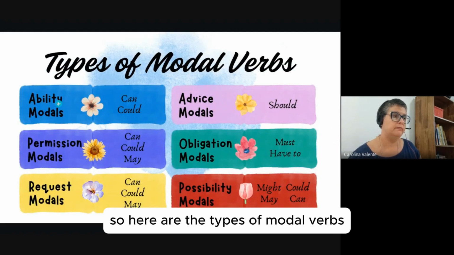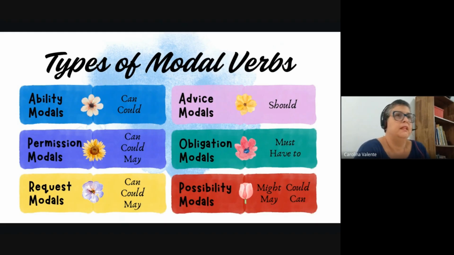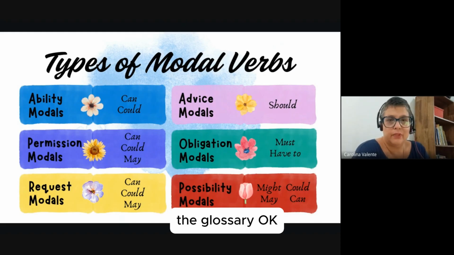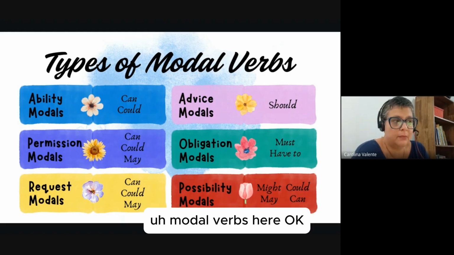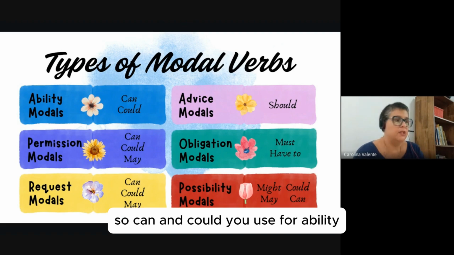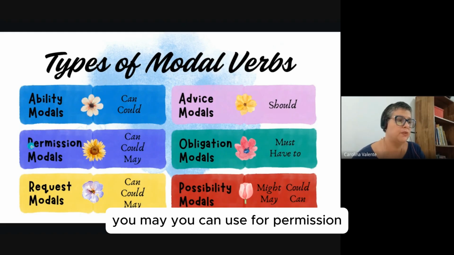so here are the types of modal verbs, some of them, right? This is, how can I say, a glossary. Okay, you can see the most important modal verbs here. Okay, so can and could you use for ability. Can, could, and may you can use for permission.